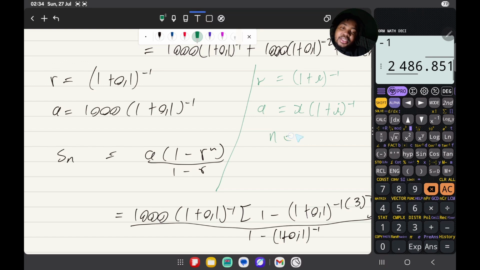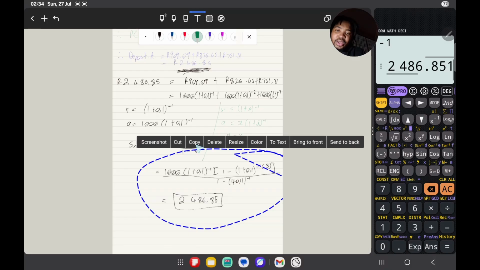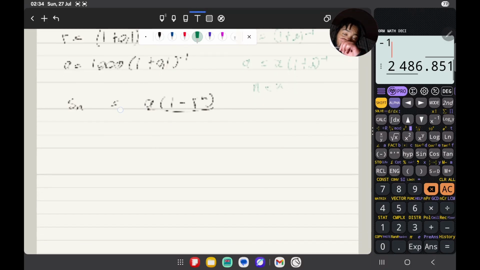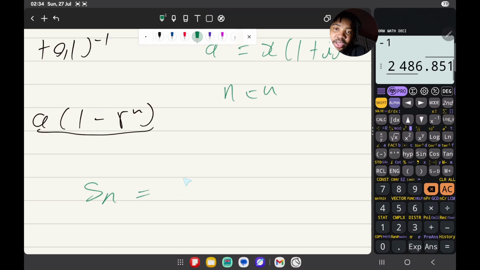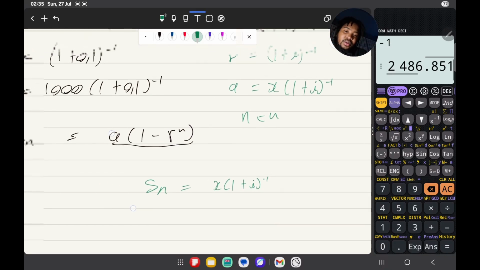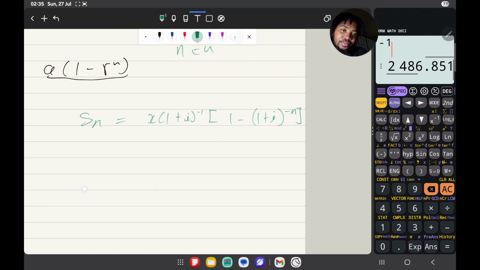And then n is still n, meaning number of years. So when we take all of those and apply it in the geometric series formula, you're going to have Sn equals A, which is X(1 + i)^-1, times (1 - r^n), where r is (1 + i)^-1 raised to the power of n, so minus n.